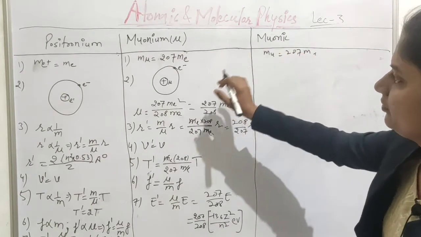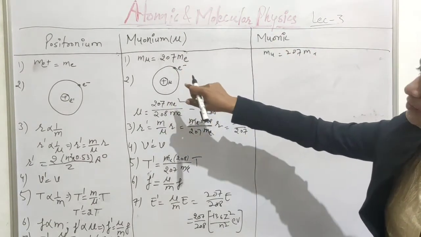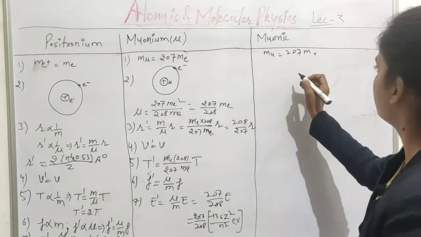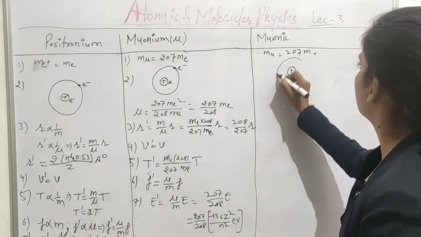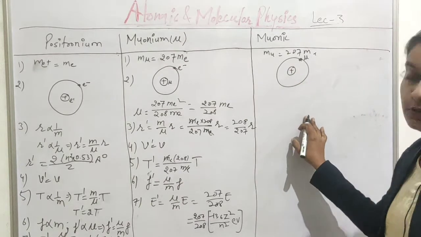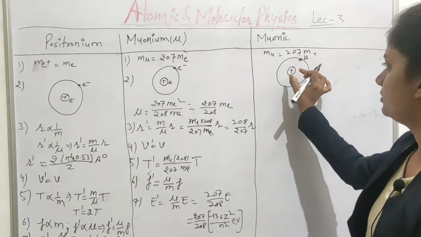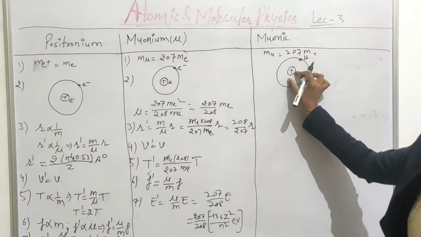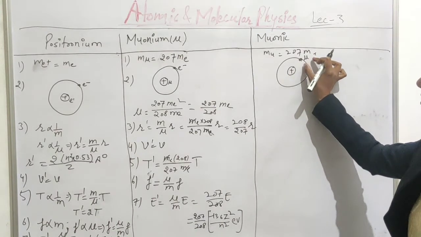In case of muonic atom, muon took the seat of electron and nucleus remains the same. So in this case reduced mass will be different, because at the place of nucleus we have the mass of proton and this is the mass of muon.